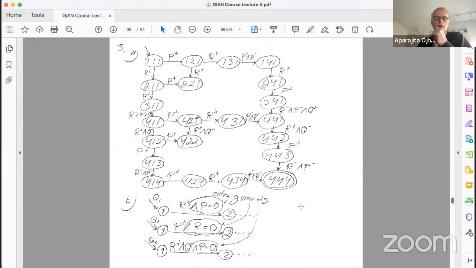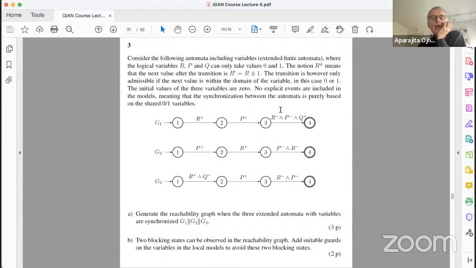So what can we do then to avoid this? Well, it's actually enough to add a restriction in the first state. Here, for R plus, you must be sure that P is still 0.